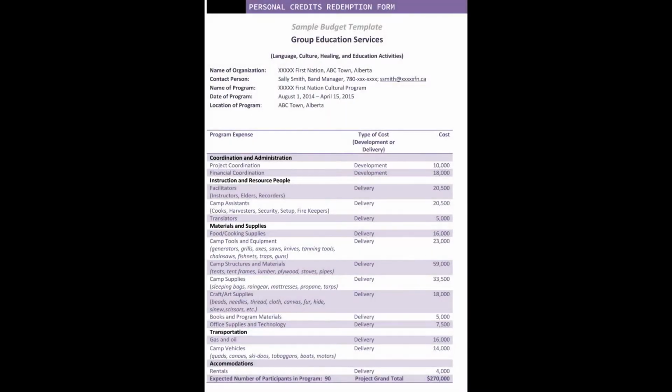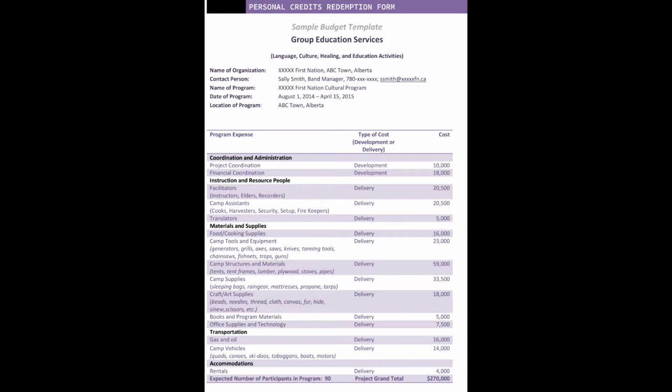So this doesn't mean that your budget has to have all of these expenditures. These are only ideas of what could be on your budget. You, your organization, your community, you will be best prepared to determine what are realistic and reasonable expenditures for your programming. But in this case, let's go through it and have a look.